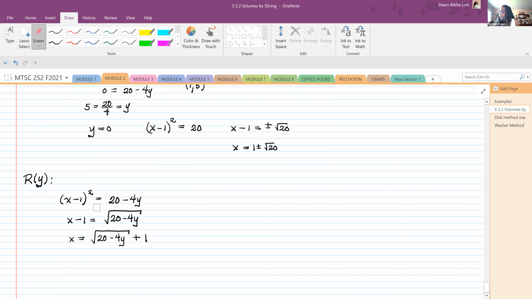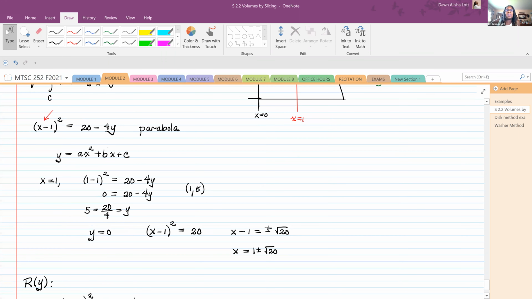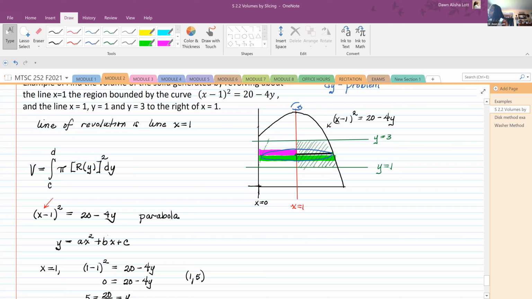So whatever Y you give me, if you give me this Y, I can tell you what that value of X is on the curve. If you tell me this Y, I can tell you what that value of X is. If you give me this Y, I can tell you what that value of X is, because I just gave you a formula that says, depending on the Y you give me, I now know what X is.